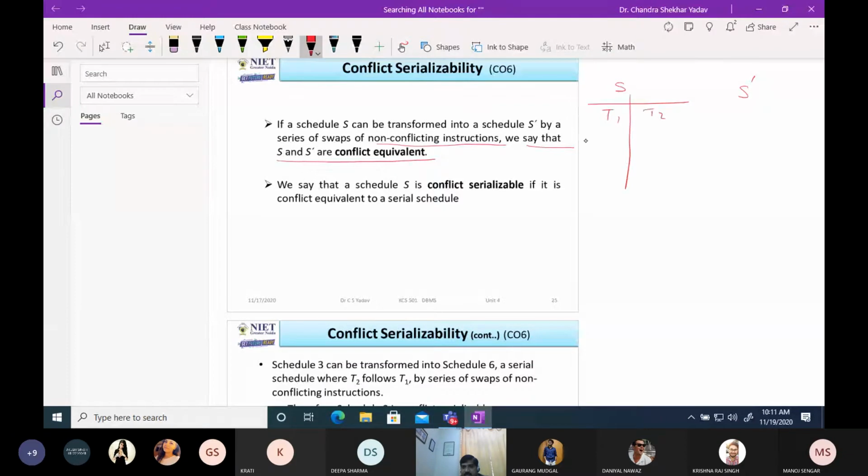Here we have T1, T2. Then here we perform read A, then we perform read B, again we perform write A, and here we perform write B. And suppose in schedule S dash, now we swap.